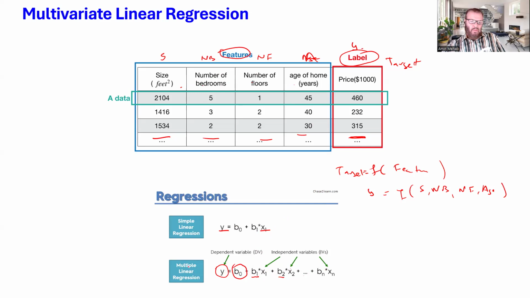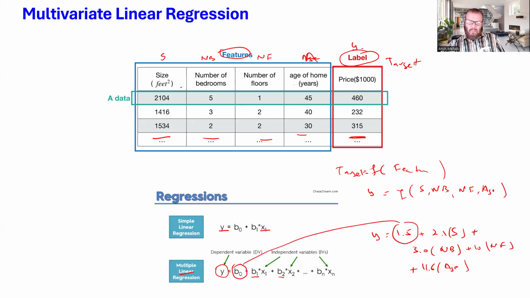If we begin with multiple linear regression, we have y equal, for instance, 1.5 plus 2.1 S plus 3.0 NB plus 10 NF plus 11.6 A. This is the B0, which is exactly the intercept. And these are the coefficients for each type of data. So 2.1 is this coefficient, 10 is this coefficient, and the last one is 11.6. Okay.